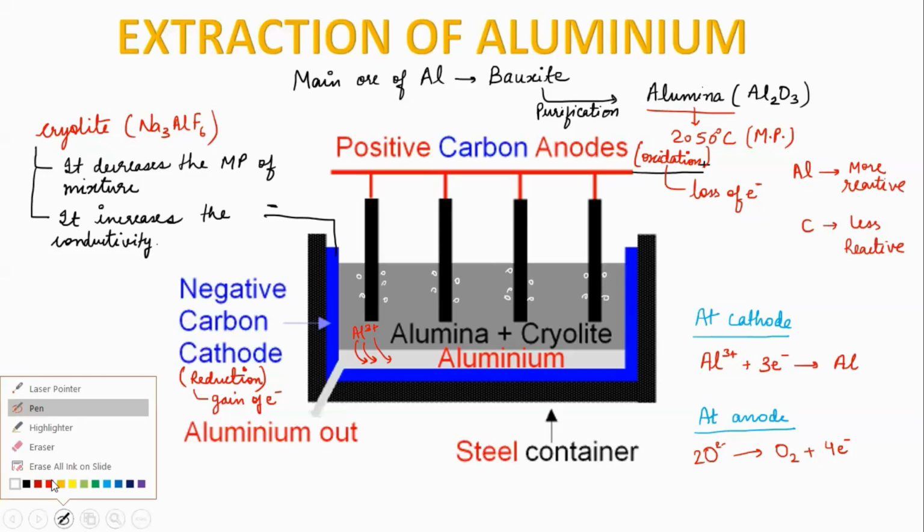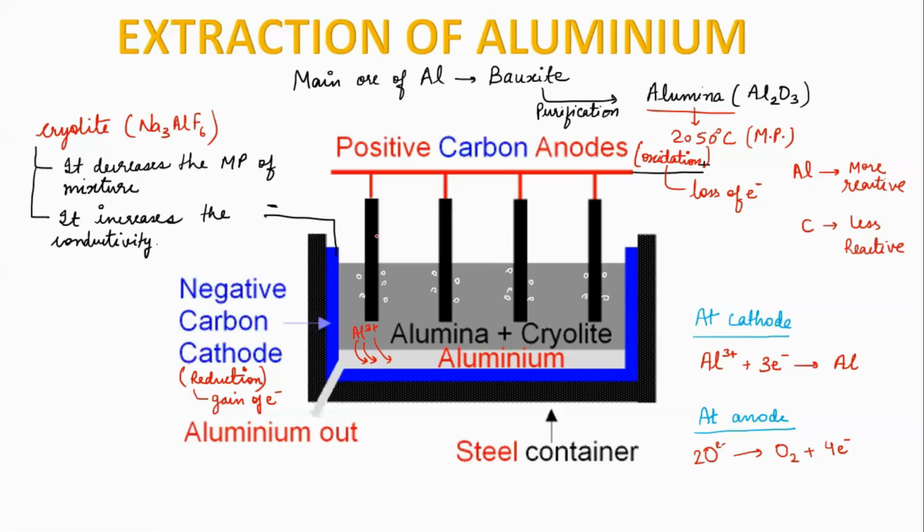Now, as I was saying, we use multiple anodes here because the anode is made up of carbon, and due to a very high temperature, cryolite decreases the melting point, but this decrease brings it only to around 950 degrees Celsius, which is again a very high temperature. So at a very high temperature, the oxygen gas which is evolved reacts with the carbon of the anodes.